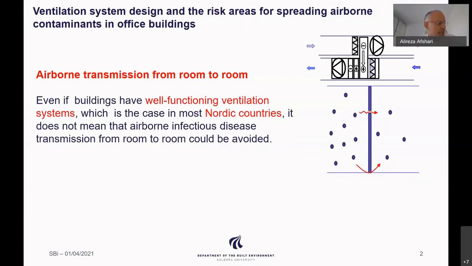The reason I say this is because our study reveals differences between risk areas for spreading airborne contaminants in office buildings in Northern Europe, and the differences in the spread depend on the different ventilation designs used in different countries.